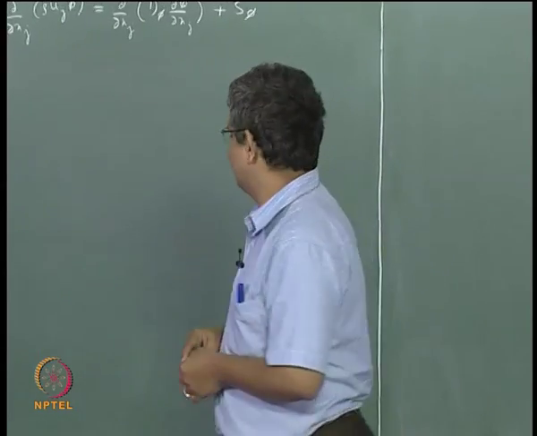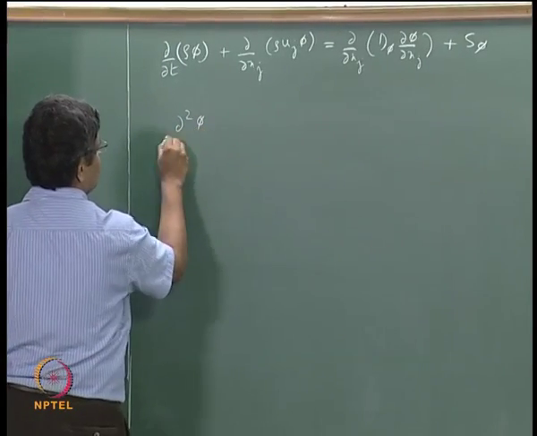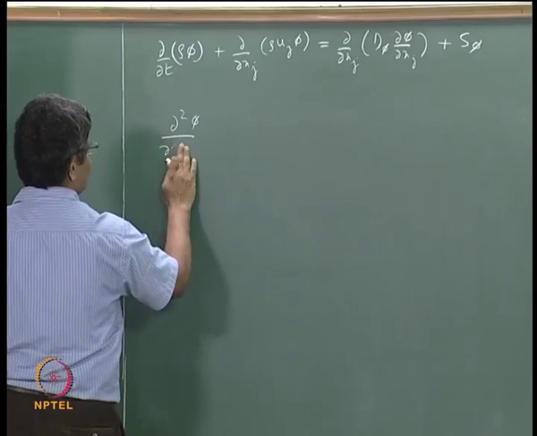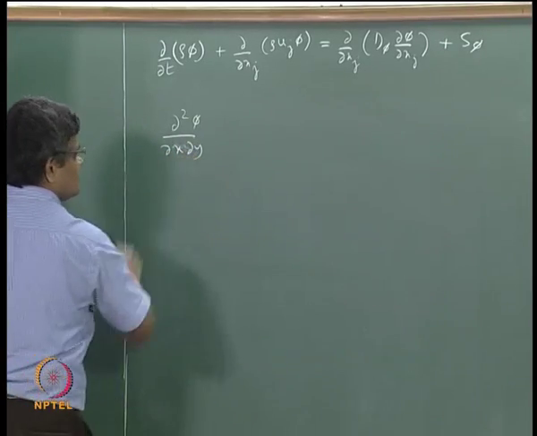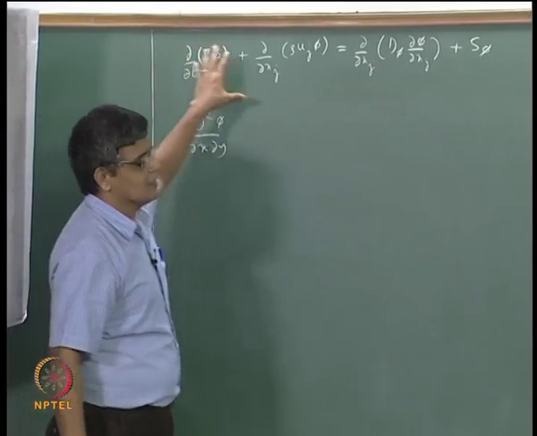So we will have a derivative, for example, dou square phi by dou x dou y. So this type of term will also appear in the governing equations.